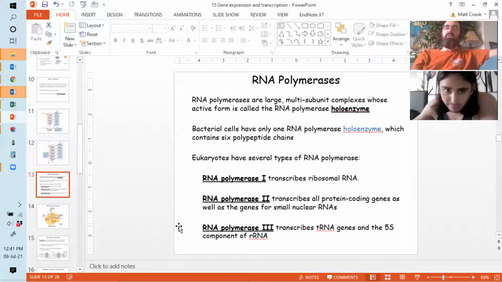Eukaryotes have at least 3, and maybe another one as well, which I can't remember off the top of my head. RNA polymerase 2 transcribes all of the mRNAs, as well as the small nuclear RNAs, which we'll get to next week.